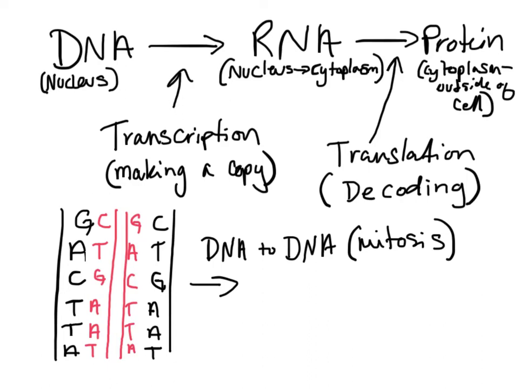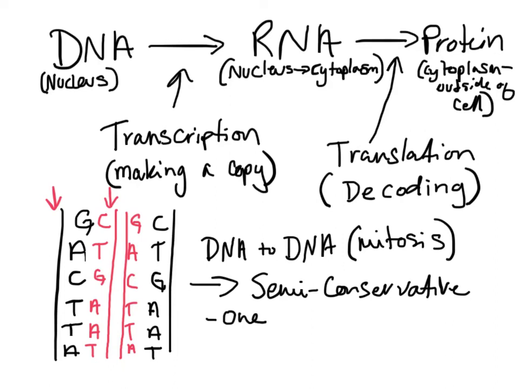I would have one parent strand and one daughter strand. So it's called semi-conservative, meaning that it has one old and one new.